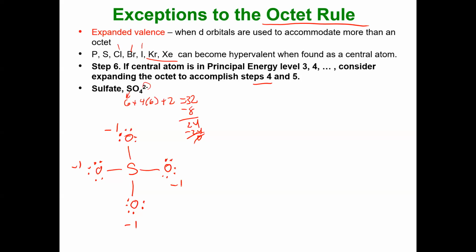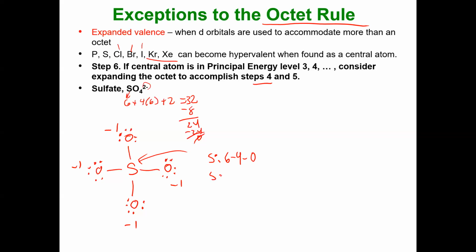And the sulfur, I'll do that because we haven't done that in the earlier formal charge videos. Sulfur has 6 valence electrons, minus 4 bonds, minus 0 electrons in lone pairs.